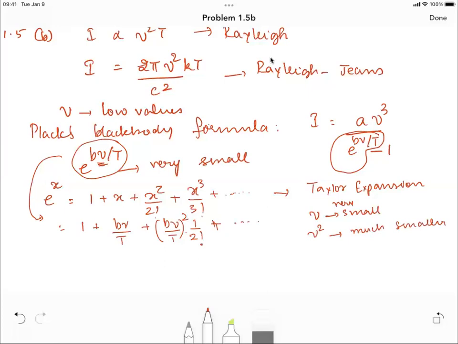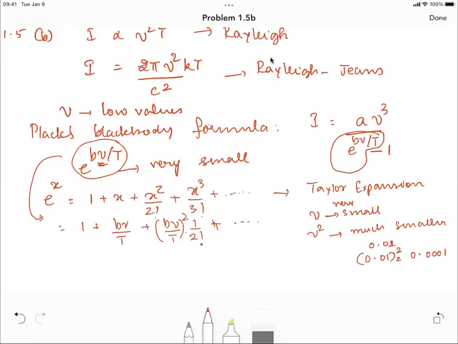Let's look at a value of 0.01, which is a very small value. What is 0.01 squared? It's 0.0001, which is much, much smaller than 0.01. We would even consider it negligible, depending on the units, of course.